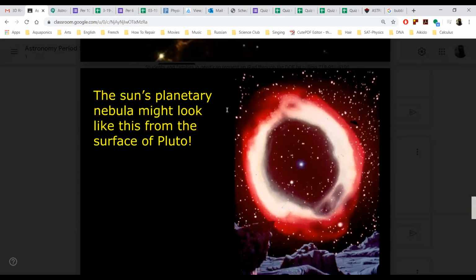Slide 27 shows an artist's rendering of how this could look from Pluto's orbit. The reason it looks like a ring is that Pluto's orbit is tilted by 17 degrees.